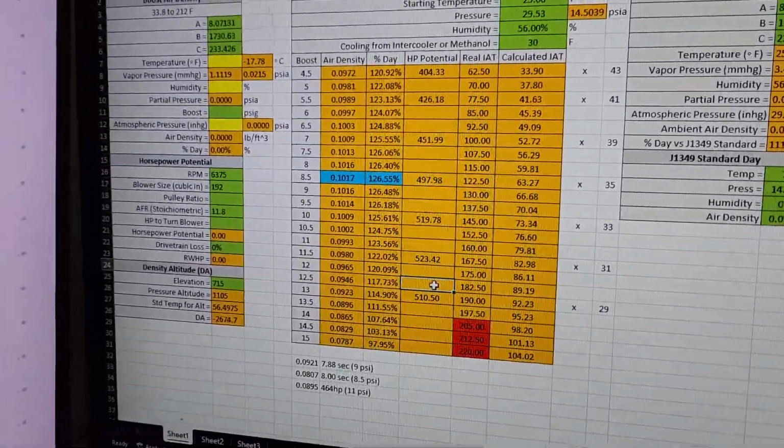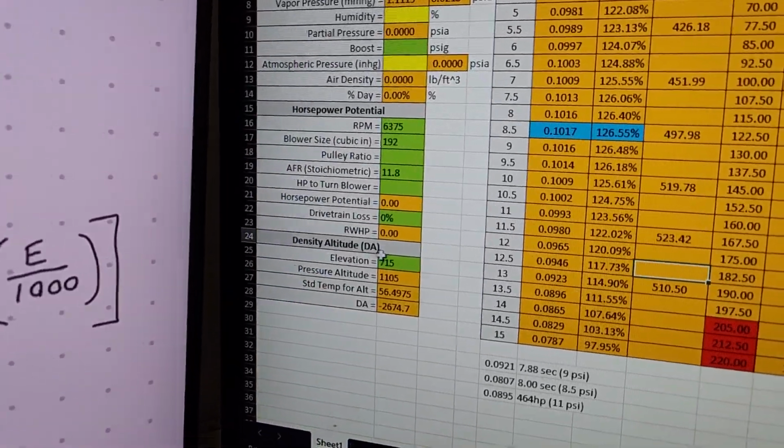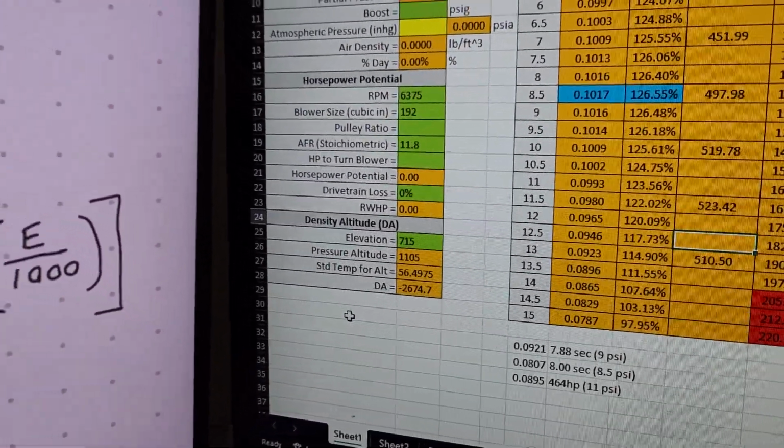I want to make a very specific comment here. Density altitude, while it's good for a lot of things, like comparing different tracks, it's really not a good indication of horsepower.